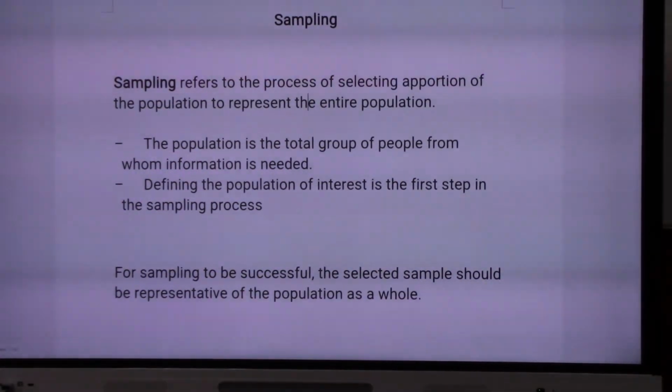For sampling to be successful, the selected sample should be representative of the population as a whole. The sample must be representative in its characteristics, and also it must be large enough to represent the opinion and attitude of the entire population.